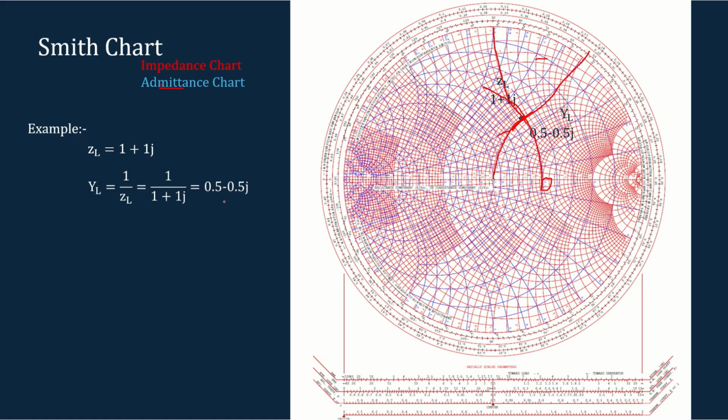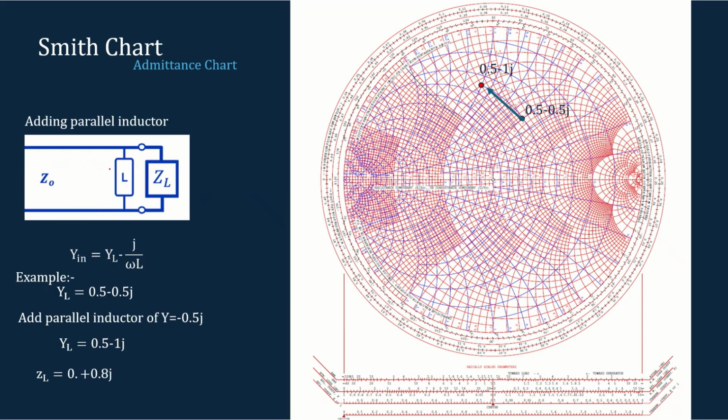So let's see what is the importance of the admittance chart. In our previous slides, we have seen that if we have to add a series inductance and capacitance, we can use the impedance chart. But consider the scenario if we have to add a parallel inductor.